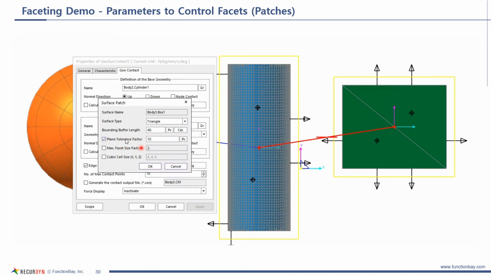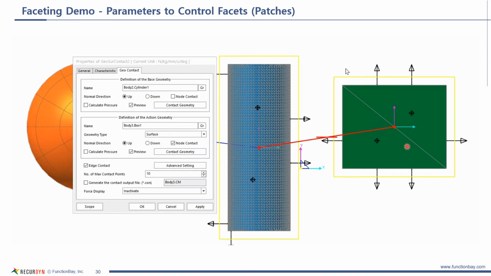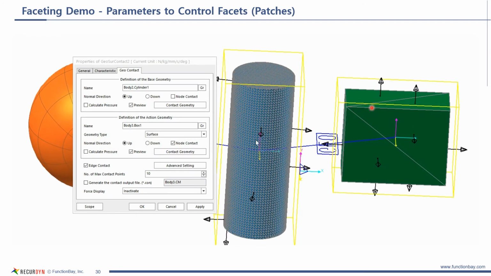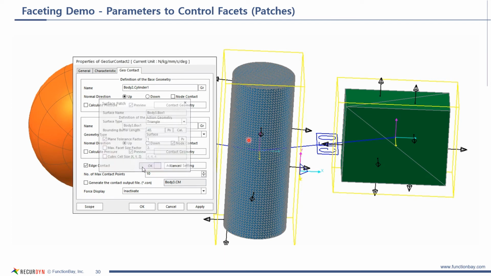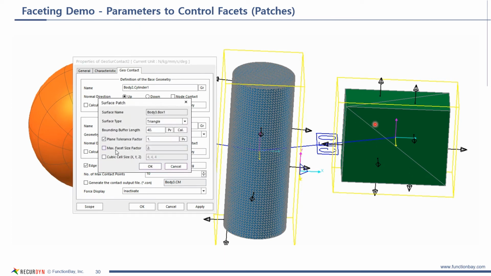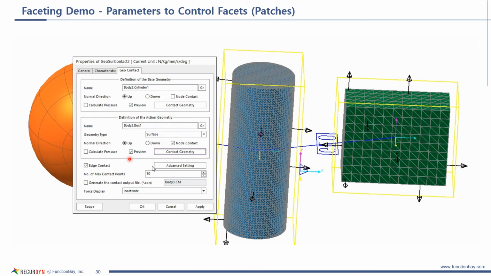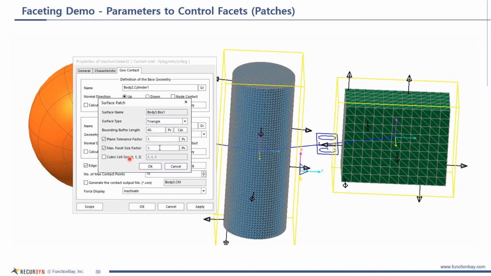See, this is the plane tolerance factor, but no difference. In this case, you can use maximum facet size factor for the flat surface, like this.